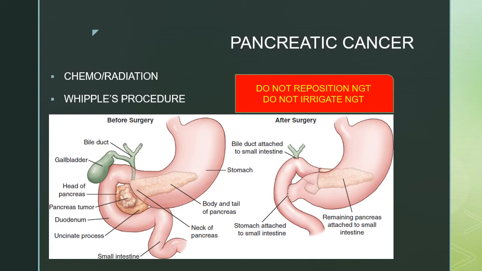It's really critical that you recognize the purpose of the NG tube that is placed for each patient that you're caring for that has one, because you could critically injure somebody if you just start repositioning it or flushing it. You could blow out those suture lines and cause a massive perforated abdomen.